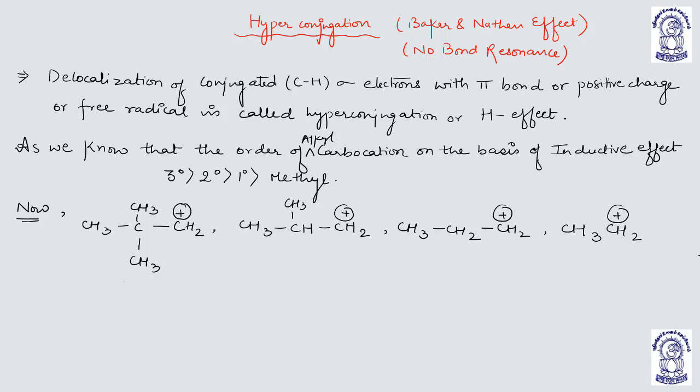So, according to the inductive effect, the tertiary alkyl group will show maximum electron releasing effect. So the order will be this, then this, and lastly the ethyl cation.